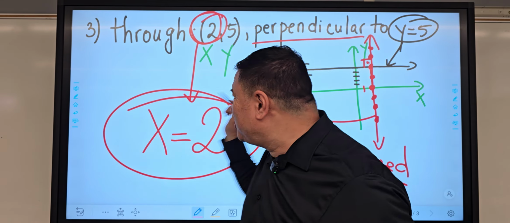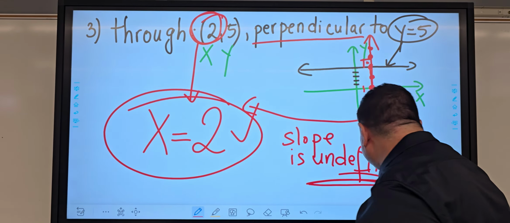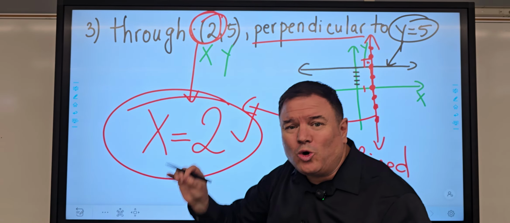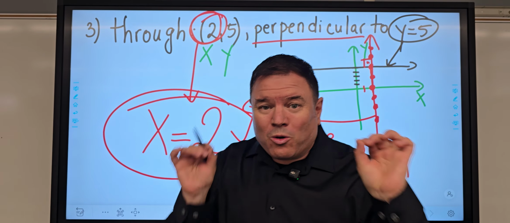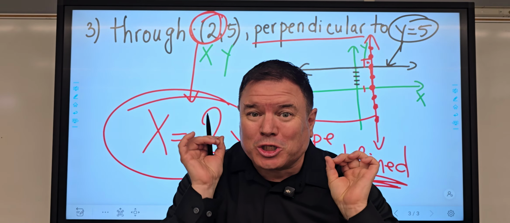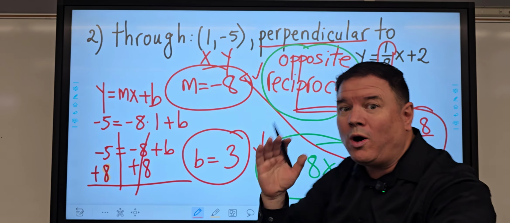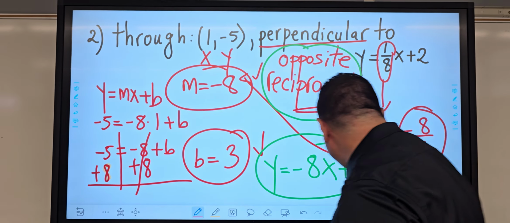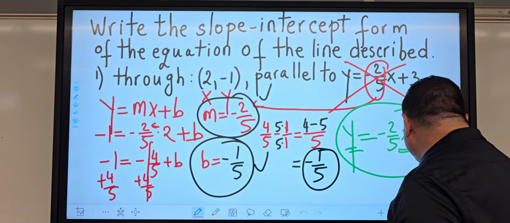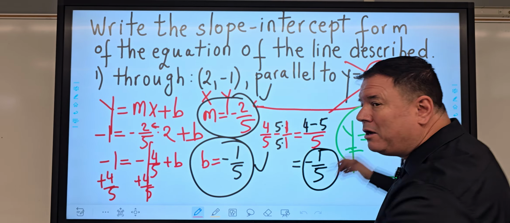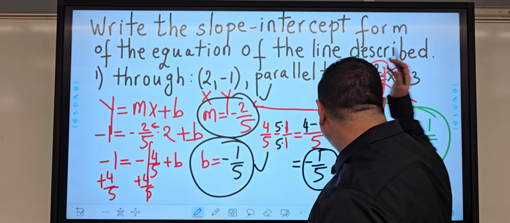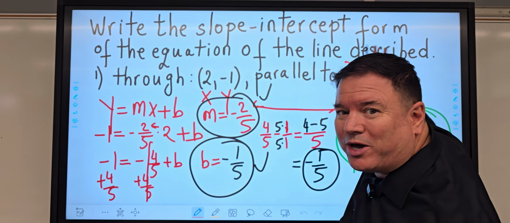Don't forget to follow these steps to make sure that you are clear. When we have to steal the slope and the line is perpendicular, we do opposite reciprocal. And when we have to steal the slope and the lines are parallel, we just use the same slope and get rid of that equation.